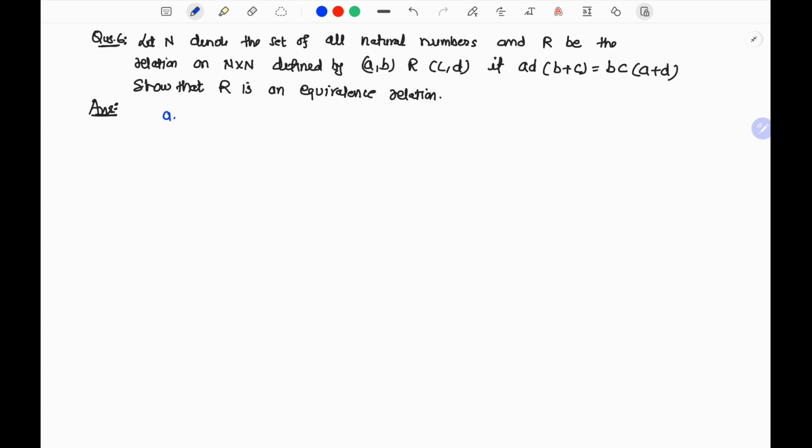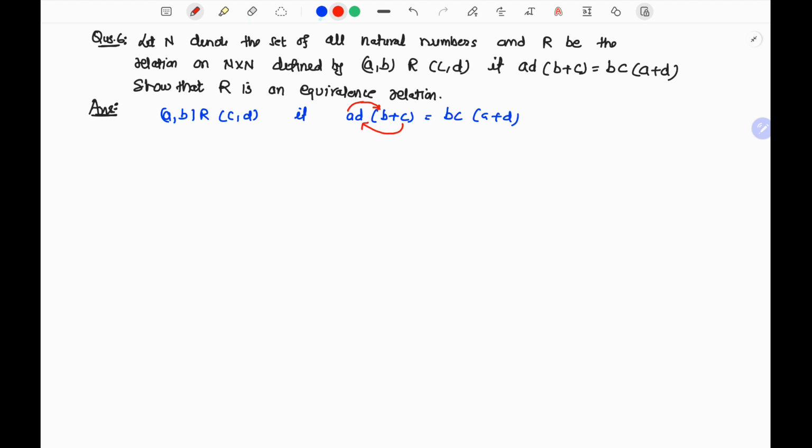The relation is given that element (a, b) is related with (c, d) defined by ad into (b plus c) equals bc into (a plus d). Here a is the X element of the first ordered pair and b is the Y element, while c is the X element of the second ordered pair and d is the Y element.